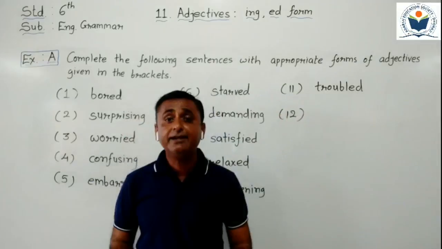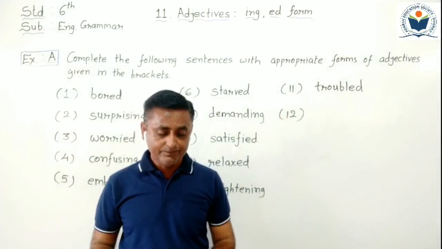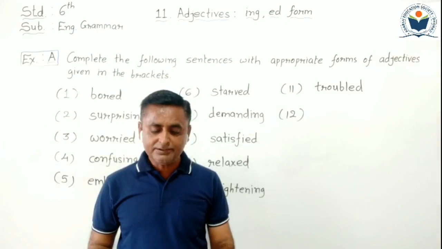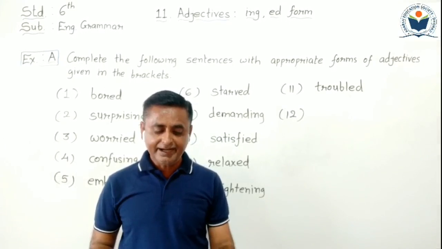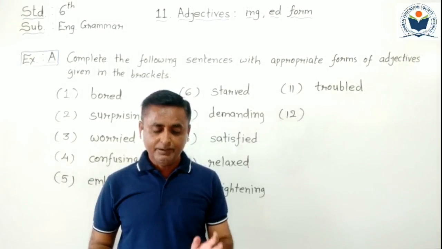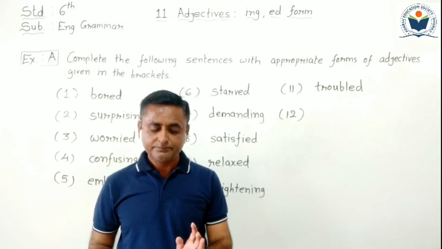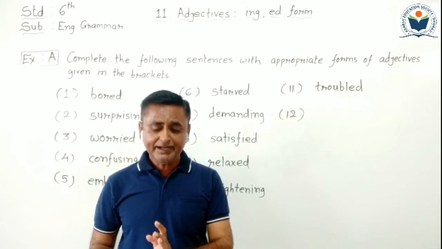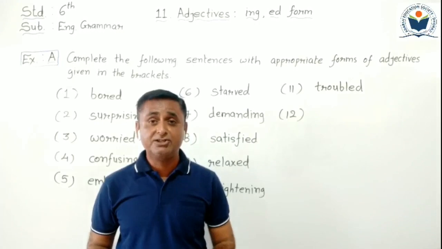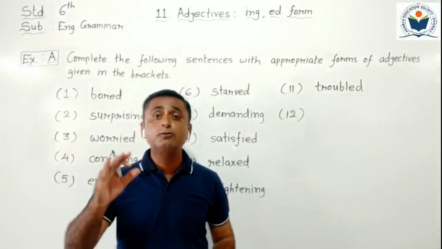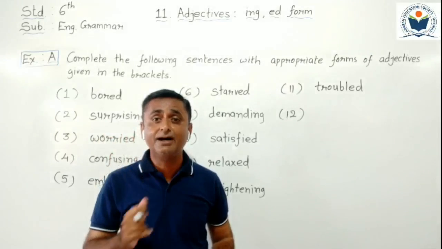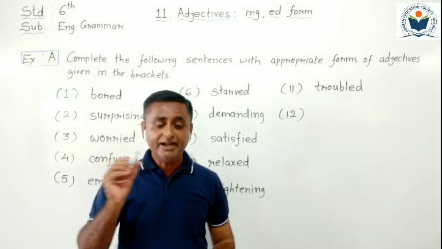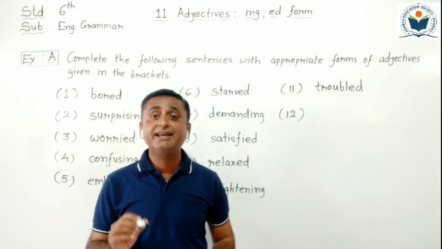Now the last blank, blank number 12: the blank walls had deflected plaster and random patches. Here we are talking about walls. In brackets the word daze is given.